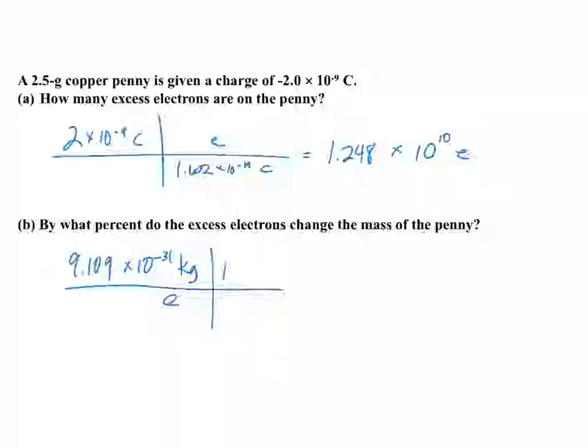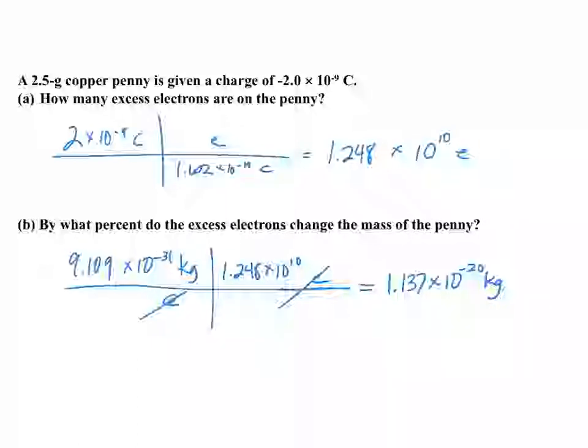And I have 1.248 times 10 to the 10th electrons. So I get a mass of 1.137 times 10 to the minus 20 kilograms. That would be the mass of those electrons, the 10 billion or so electrons.